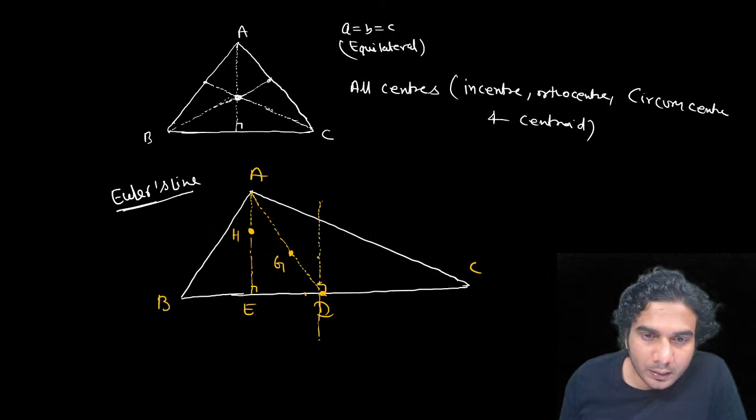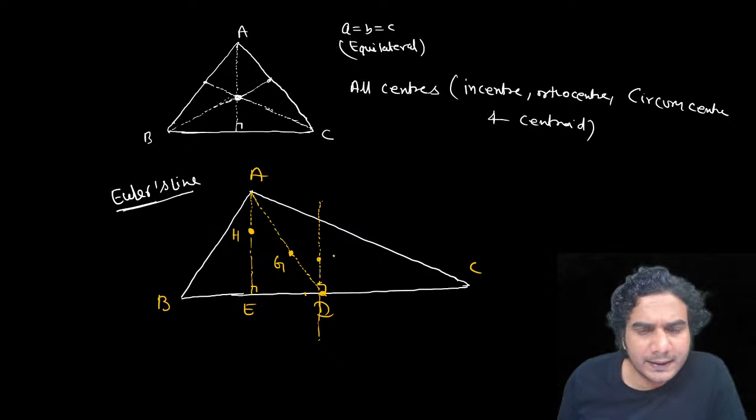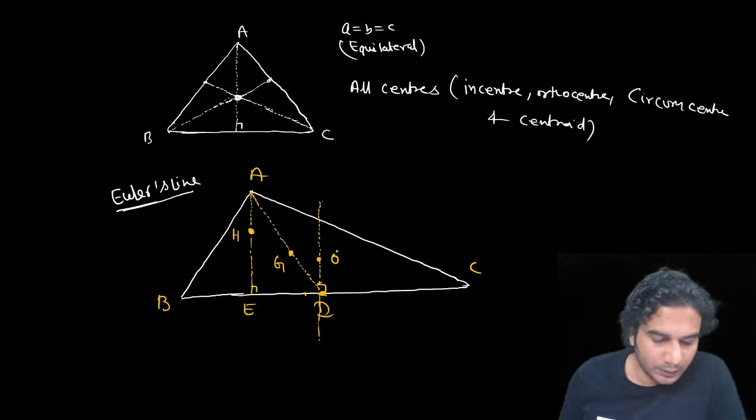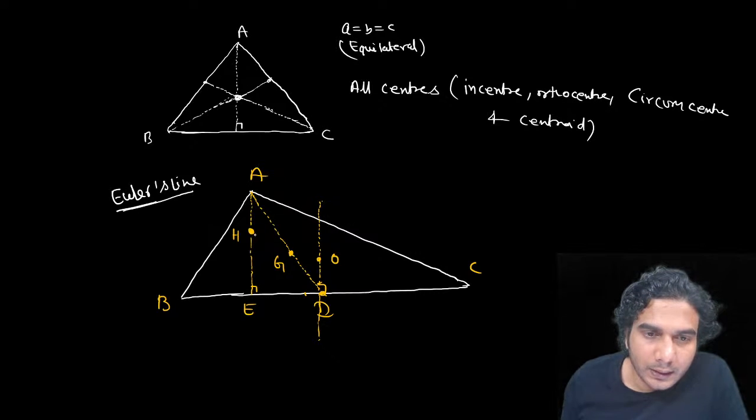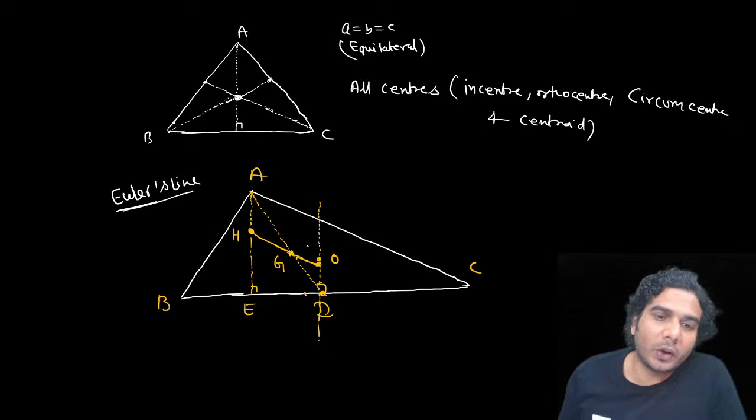And the circumcenter. Let's take circumcenter as O. Circumcenter lies on the perpendicular bisector. If you join these three, then this line is called Euler's line.